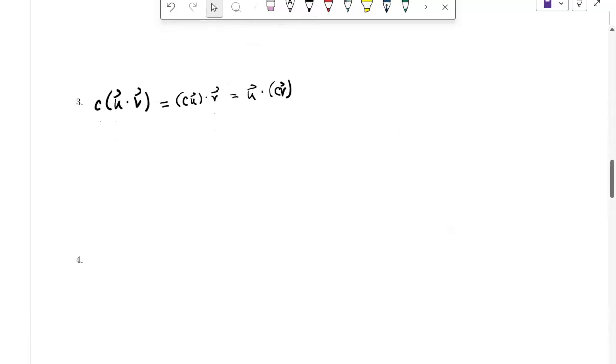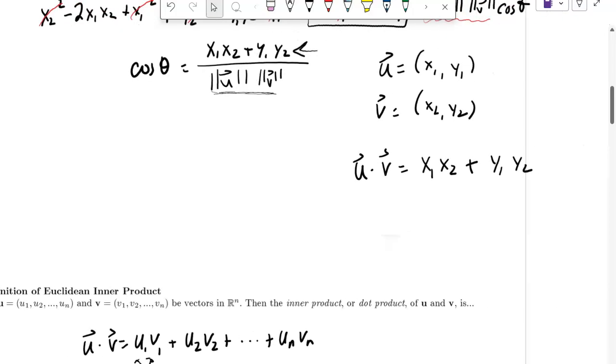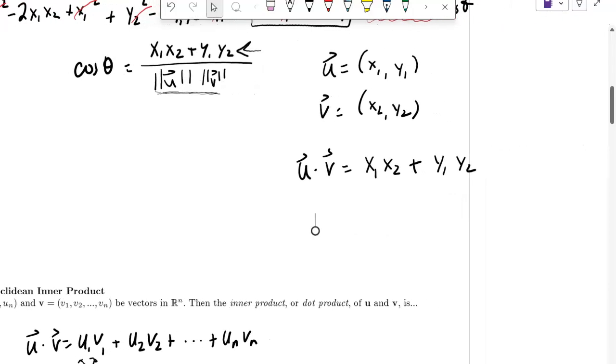The fourth one's a weird one. Notice that going back up to the definition, just for R2 here, if I do U dotted with itself, you would get x1 squared plus y1 squared, right? That ends up being the length of U squared, right?